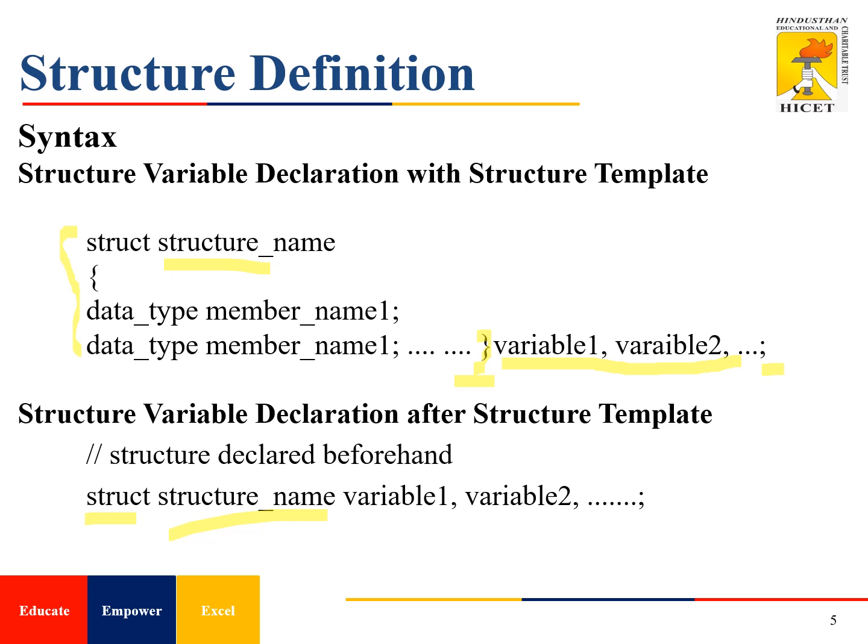That is, if you assign a variable name after the curly braces, it is called declaration of structure variable with structure template. Or if you assign variables after the structure template, you first declare the structure separately, and using the struct keyword and structure name, you can enter the variable name after the template.